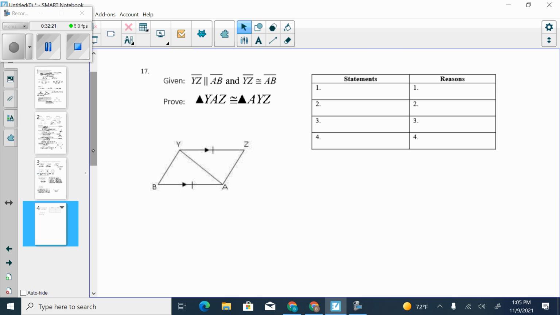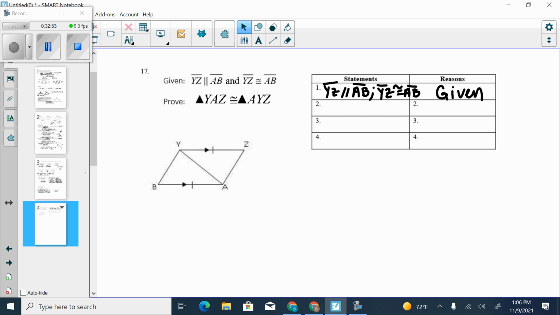So we're going to have that YZ is parallel to AB, and that YZ and AB are congruent. Okay, and we're able to write that down because it was right. Okay, and they already marked all that information down for us over here on the figure.